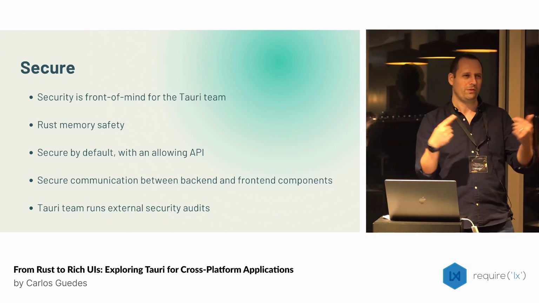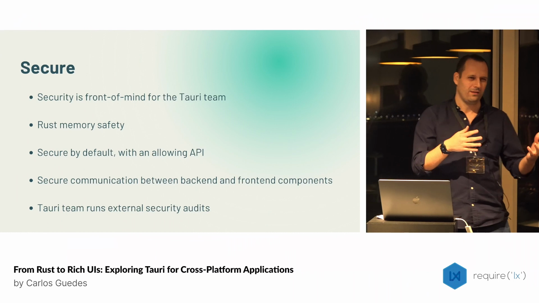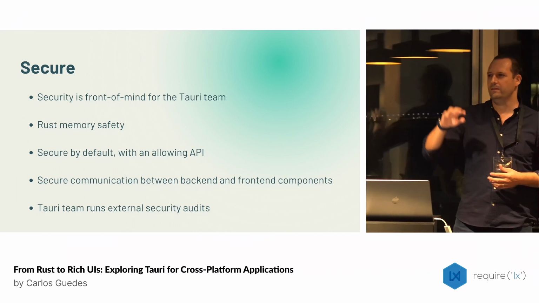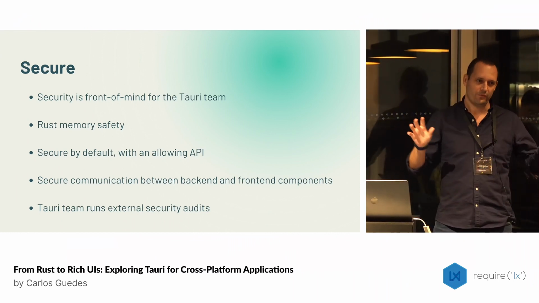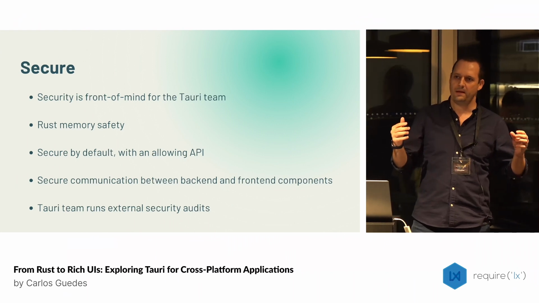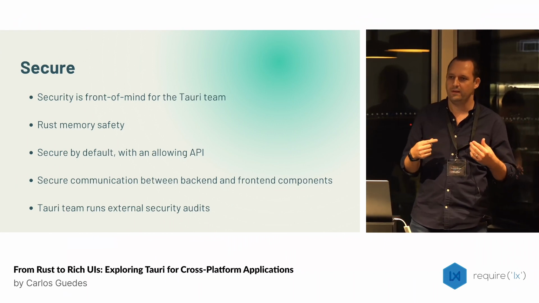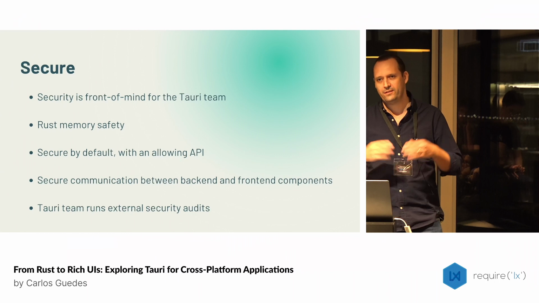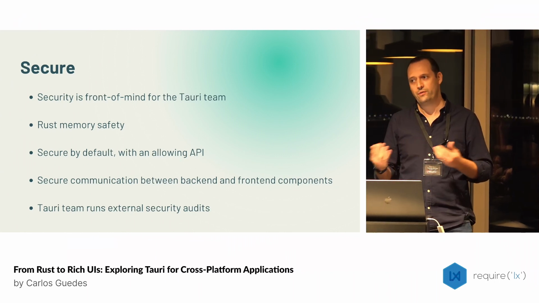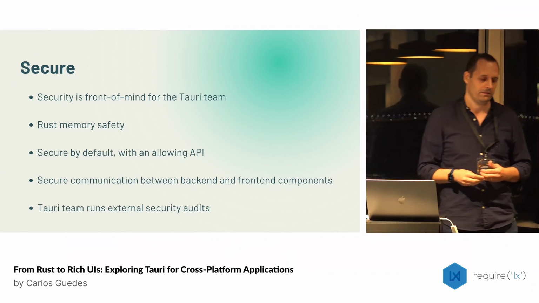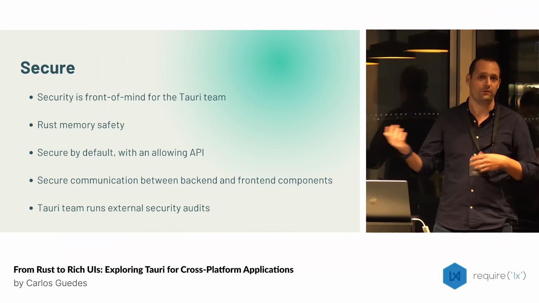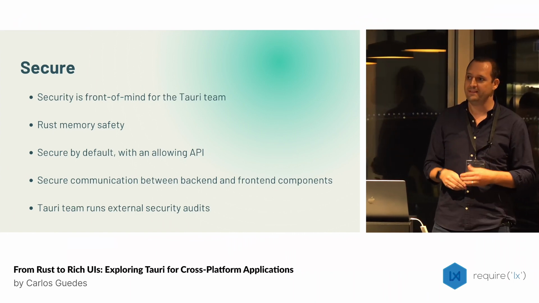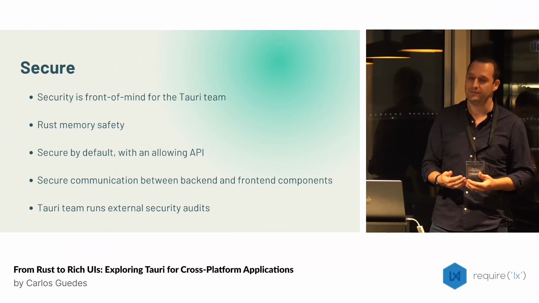And the communication between these two worlds, most likely you're going to use web technologies for the front end and Rust for the back end. It needs to be secured. And it's quite simple. It's a message passing technique where you need to serialize the payloads of the request and the response, but it's effective and it's secure. That's what's important.